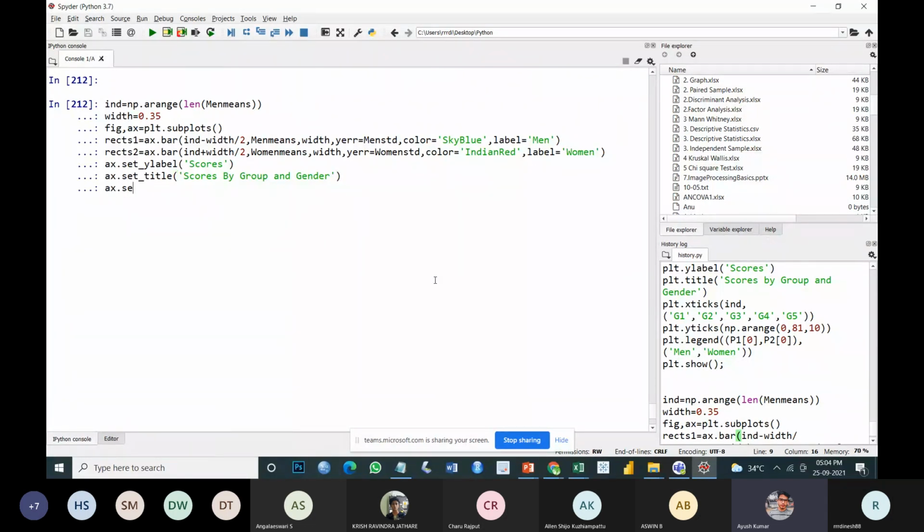Ax dot set underscore xticks of ind. Ax dot set underscore xticklabels G1, G2, G3, G4, then G5.